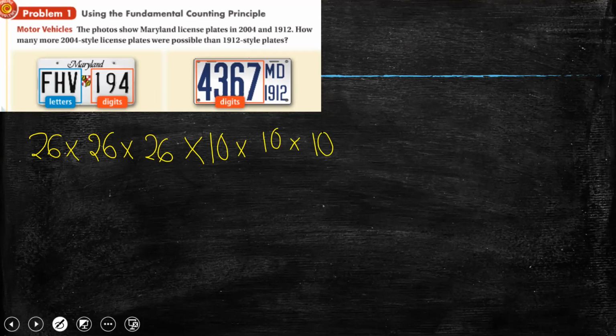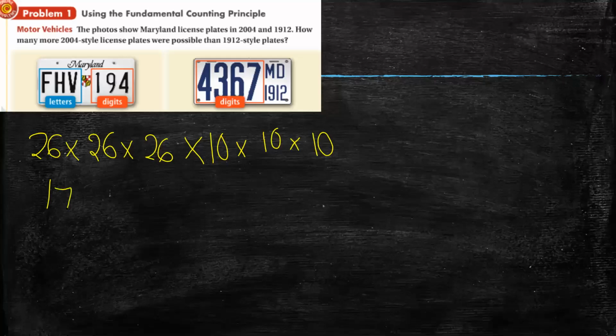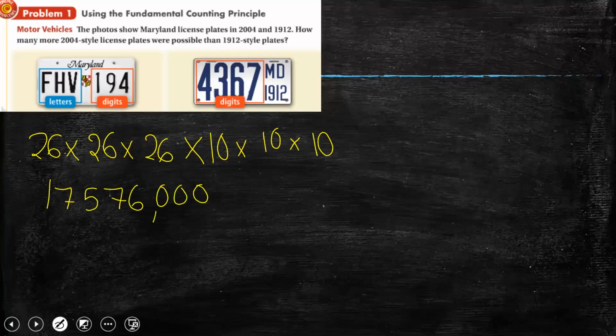So 26 times 26 times 26 with 3 zeros. So I have 17,576,000 ways to write the license plates in 2004.